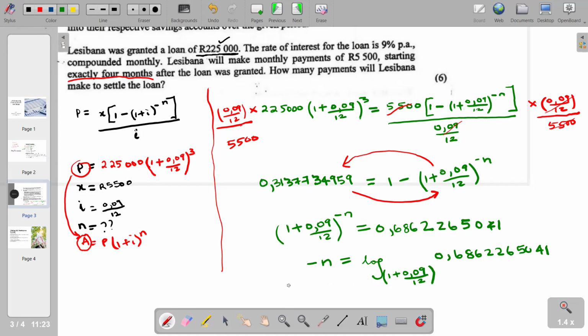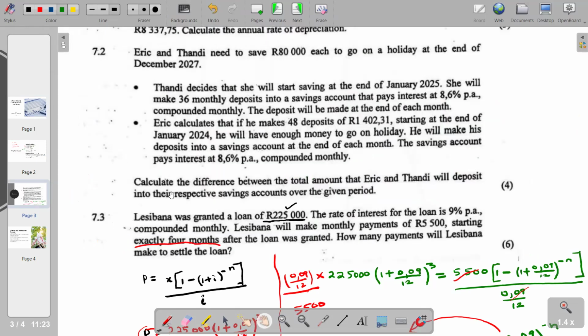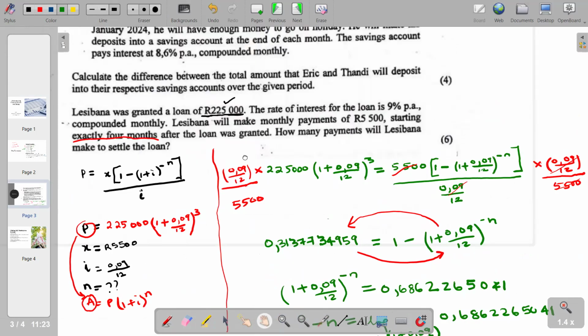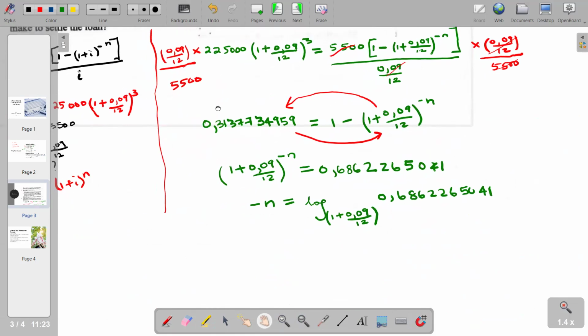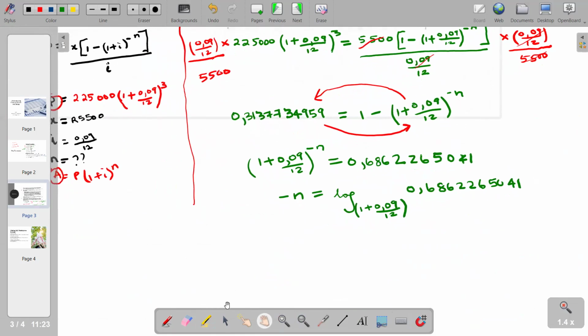So it's going to be equal to, let's go to our calculator.